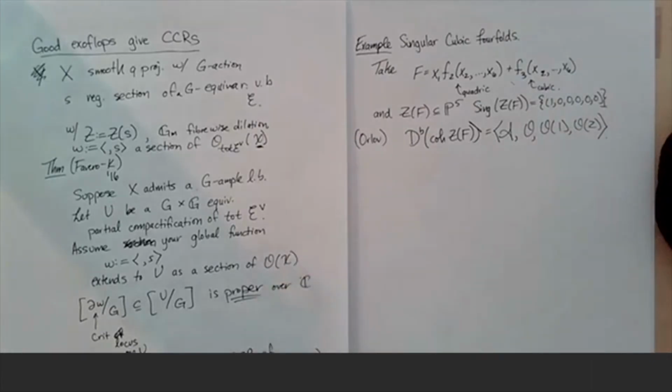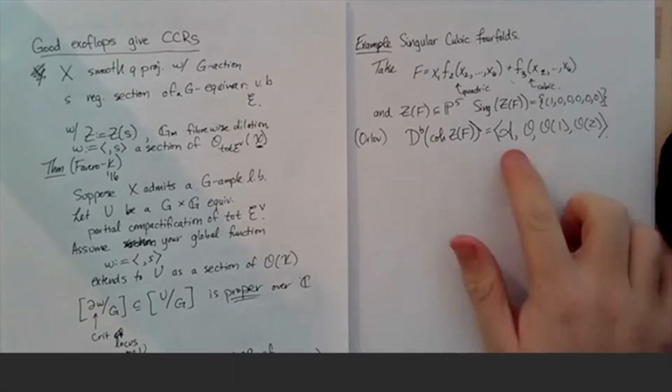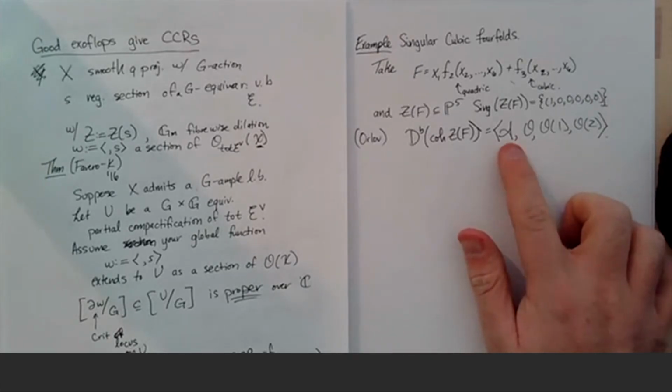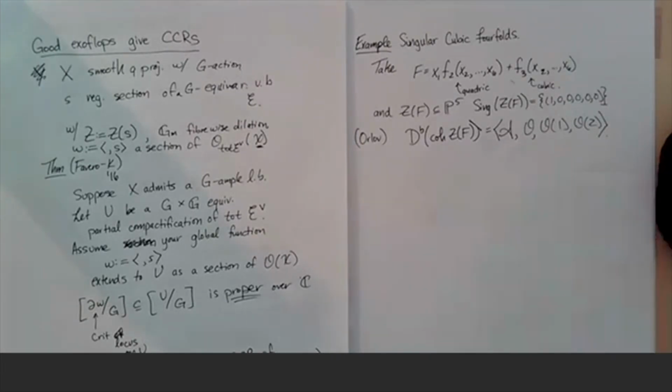And if you follow this story, you know that for a smooth cubic fourfold, this is some K3 category, and the conjecture of Kuznetsov is that the cubic fourfold is rational if and only if this is a geometric category, meaning this is the derived category of coherent sheaves of some K3 surface, right? But let's look at this example.